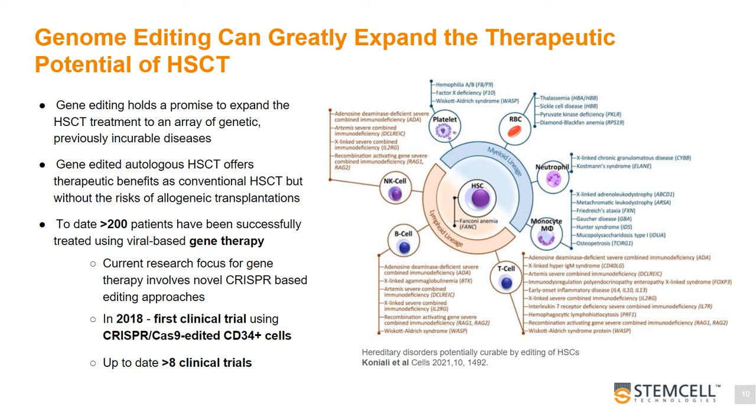In recent years, the field of gene therapy has been revolutionized by the development of engineered nucleases such as CRISPR-Cas9, enabling targeting and precise modification of the genome. With CRISPR-based editing approaches being currently a focus of gene therapy research, over 8 clinical trials have been performed to date, mostly focusing on red blood cell disorders so far.